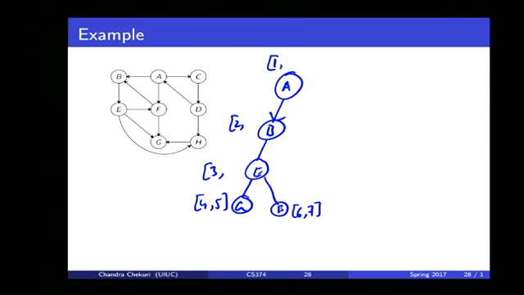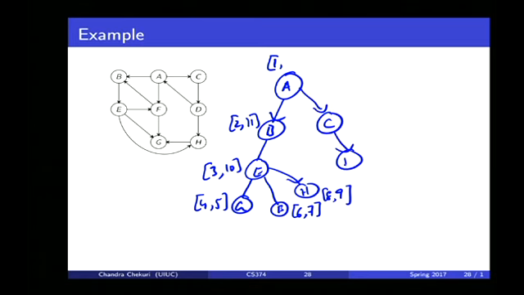Then you come back up, and E discovers H, and you come back up to E. It's done. Come back up to B. It's done. Go back up to A, and then D. The numbers are 12, 13, 14, 15, 16. Seems okay?